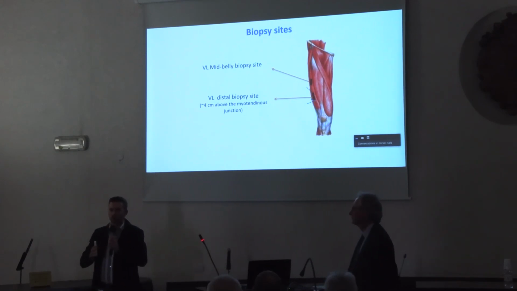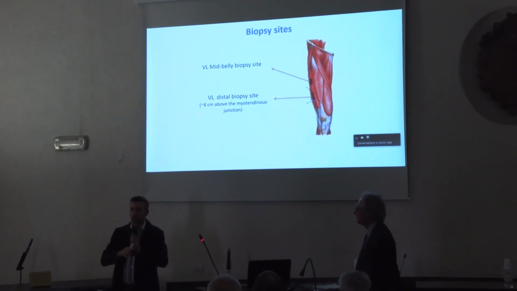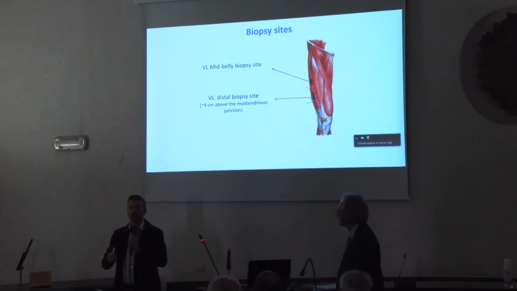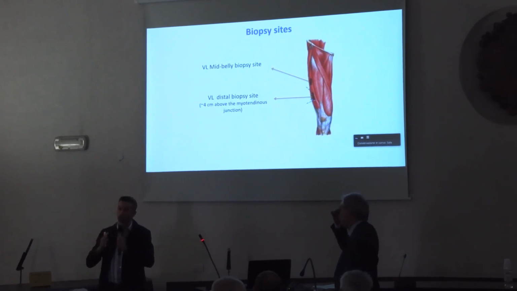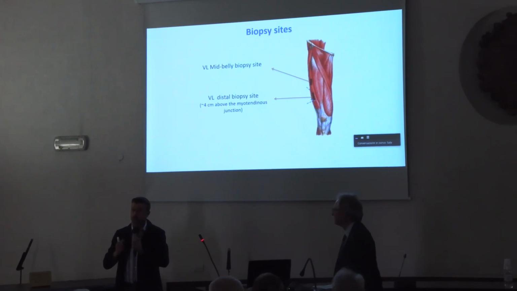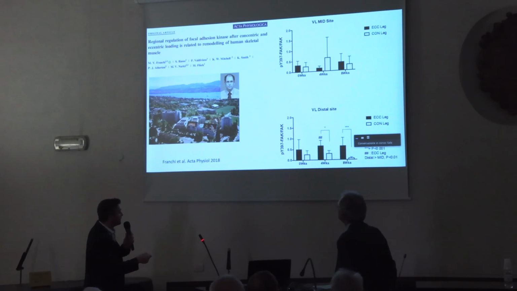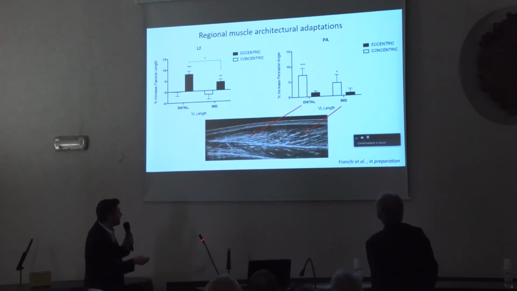Because now we know that it can respond differently in architectural remodeling, but we don't know why. There are some suggestions, there are some molecular players that are thought to play a role with that, and they usually are responding to tension, related to the tension that is applied on the muscle.